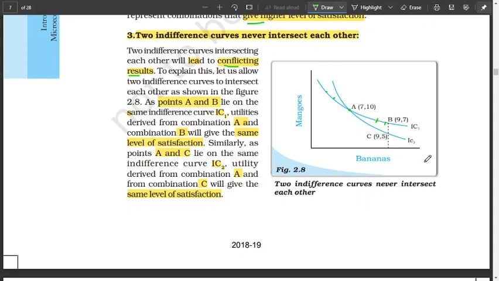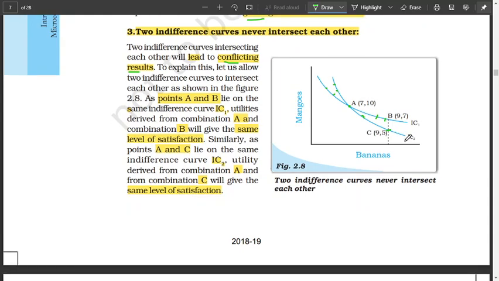If you look at IC2, you will find that A is also on IC2, so you will be indifferent between A and C, because they both lie on IC2. Whether on this point or anywhere, A or C, you'll get the same satisfaction. So IC1, A and B same satisfaction, IC2, A and C also same satisfaction.